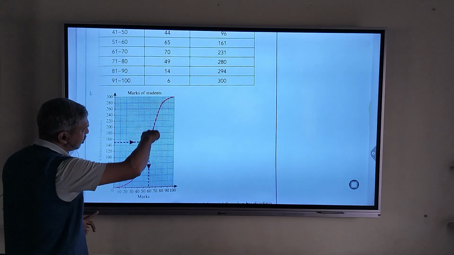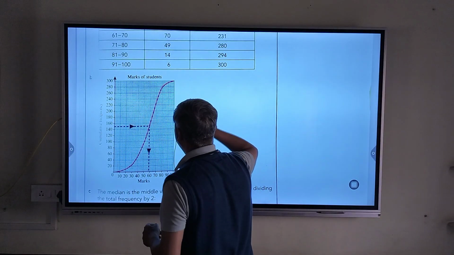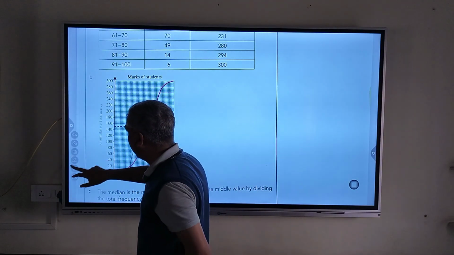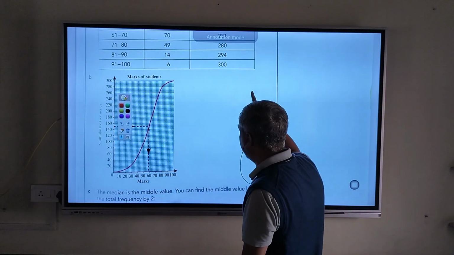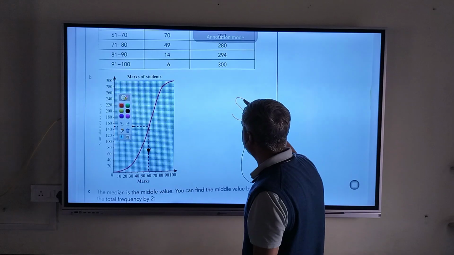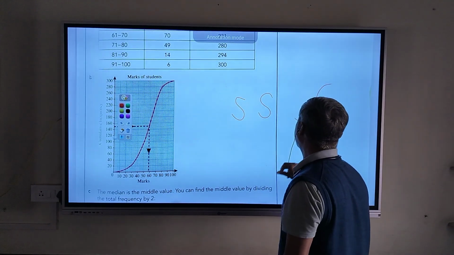And then you just join them and you get this kind of a graph. You always get this kind of a graph. It is looking like a slightly distorted S. It will always look like a slightly distorted S. S would be like this, but this graph looks like this.